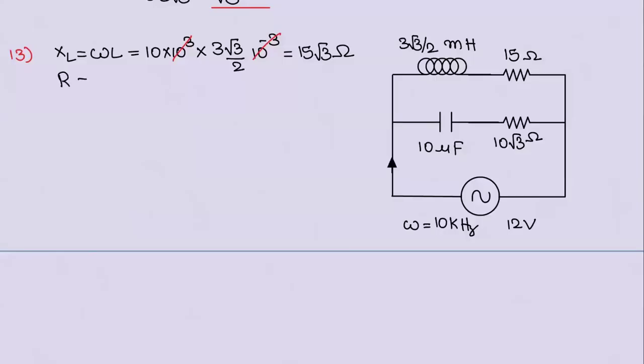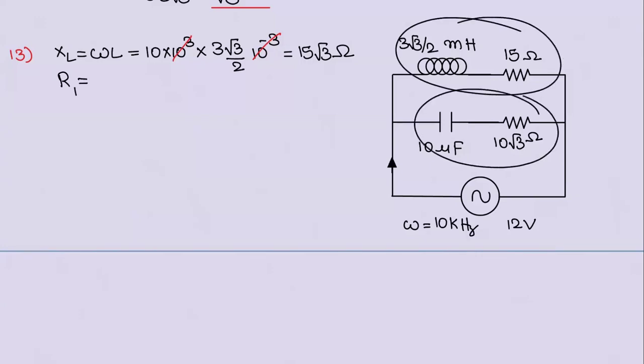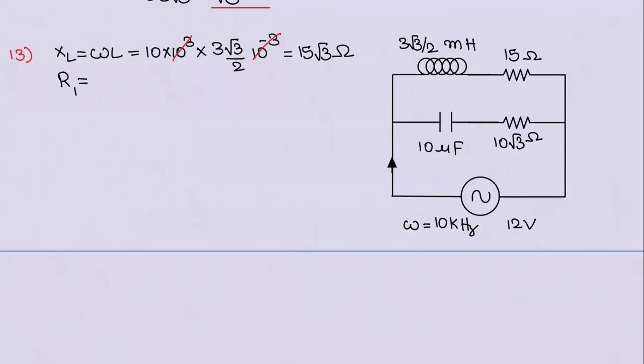And R is equal to, in the upper circuit, R1. Upper circuit entire thing is 1. This entire thing is 2. R is 15 ohm. Now I'm going to make the impedance phasor. Series combination, we make impedance phasor, right? Inductor will be leading. Resistance will be in phase. Resultant will be like this. This is Z, so I'll call this Z1.